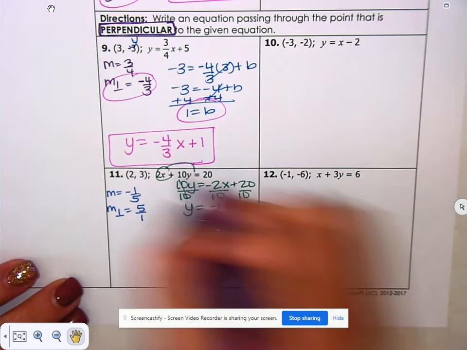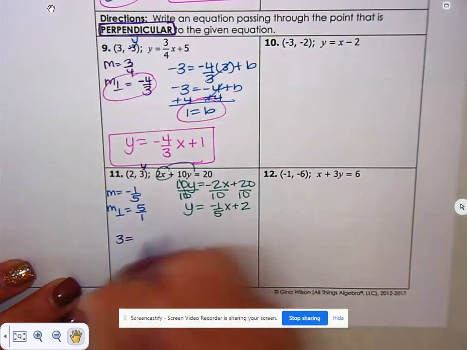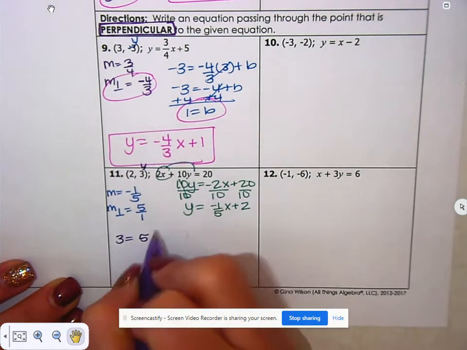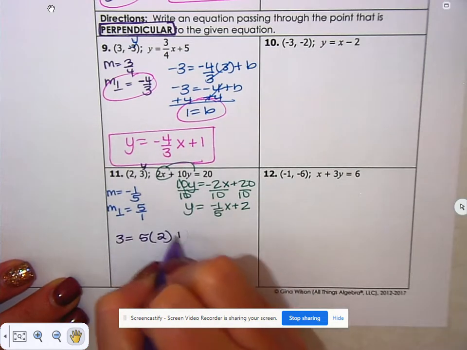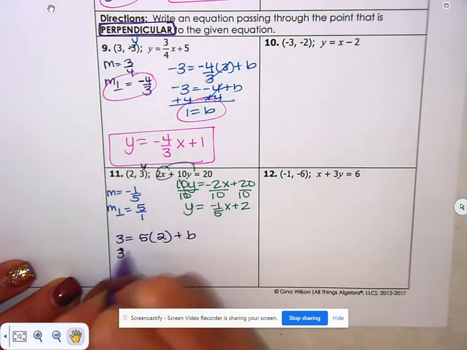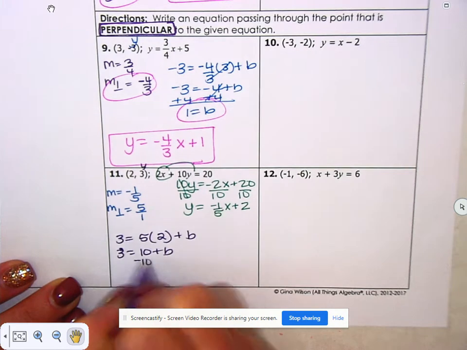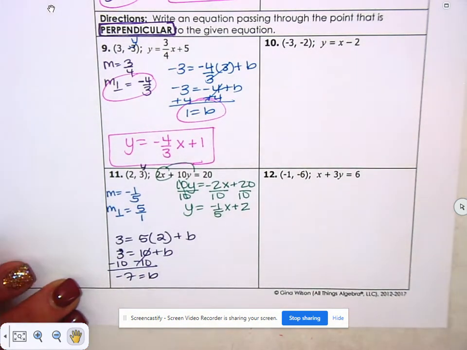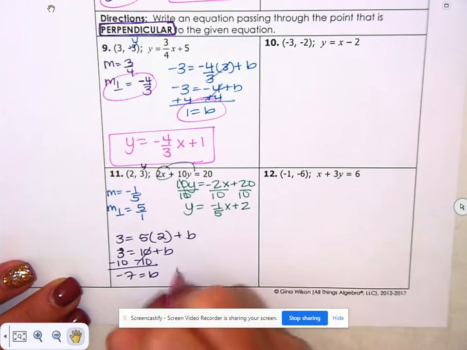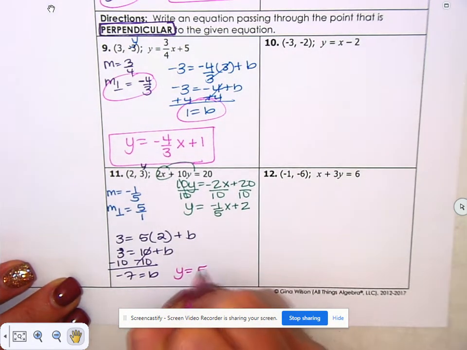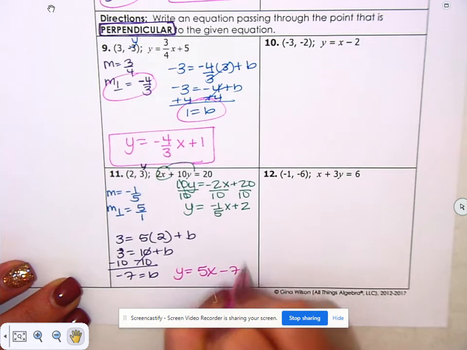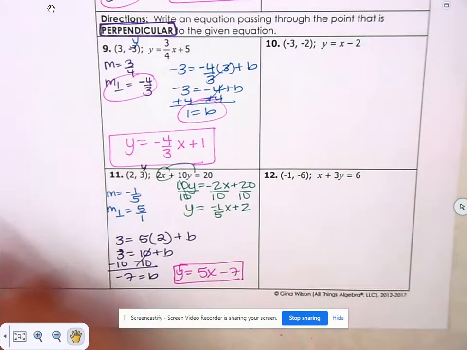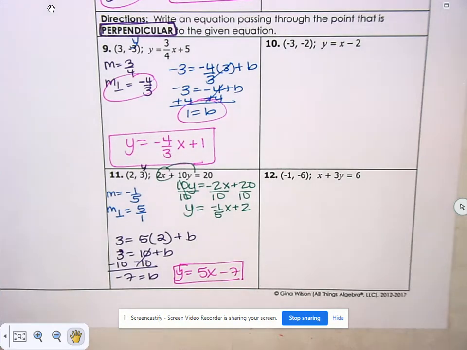We're going to use our y is 3. Our m would be 5/1 or just 5. Our x is 2 plus b. So 3 equals 10 plus b. And 3 minus 10 gives me -7 as my b. So my final answer here is y equals +5x minus 7.